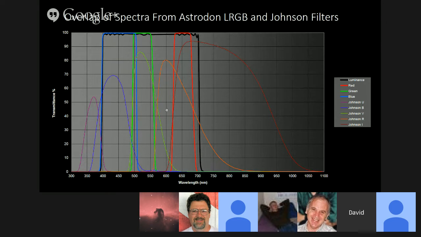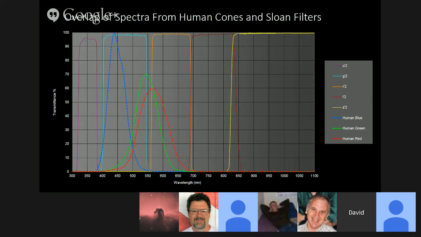So you can start to see how we might take some portion of that and divide it among the different RGB colors to get data. The last one takes the Sloan filters versus the spectrum response of the cones in our eyes. You can see there's a little bit of difference here versus the RGB filters that you get from many manufacturers.